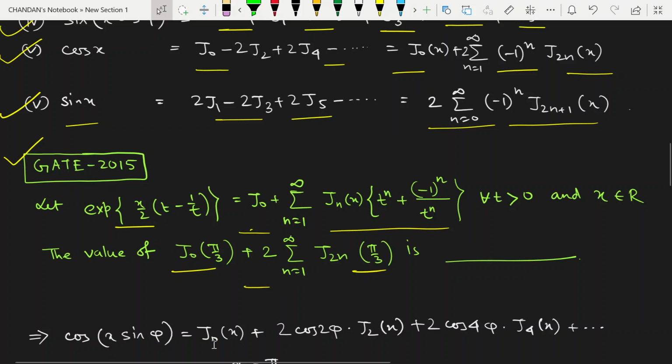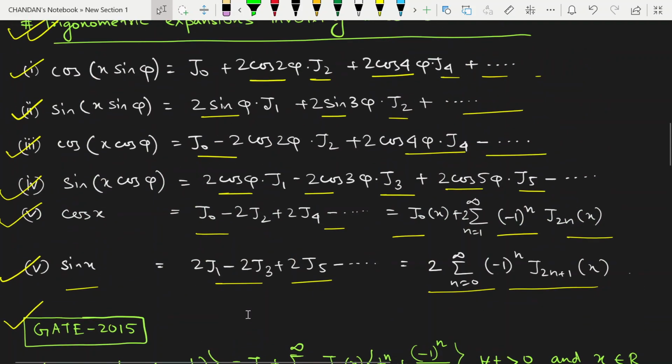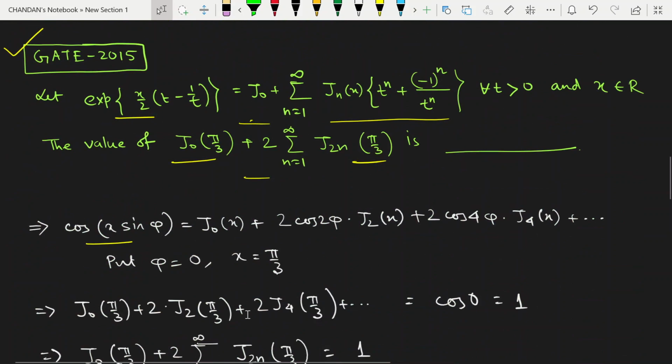So we can write cos of x sin phi. This is equal to the first expansion: cos of x sin phi equals J0 of x plus 2 cos 2 phi J2 of x plus 2 cos 4 phi J4 of x and so on. See here only J2n terms are present and only plus terms are present.